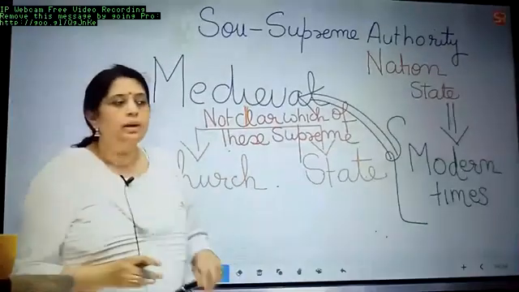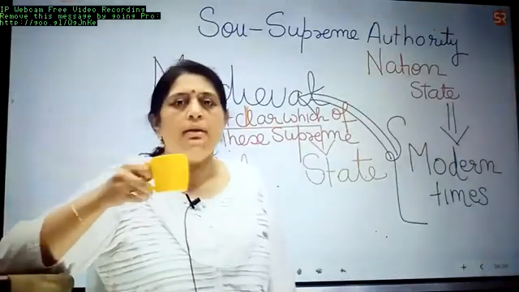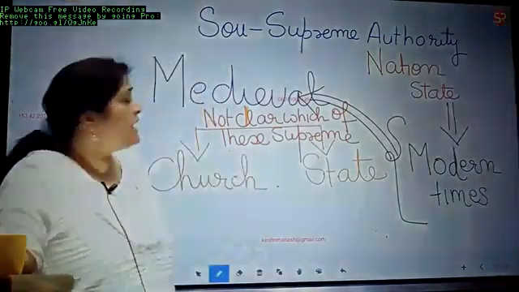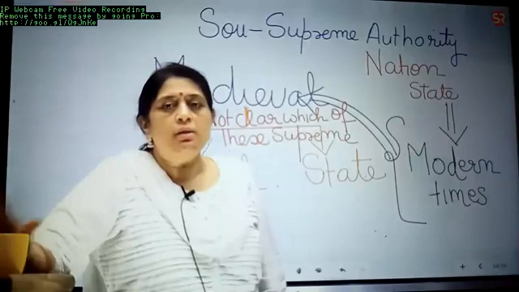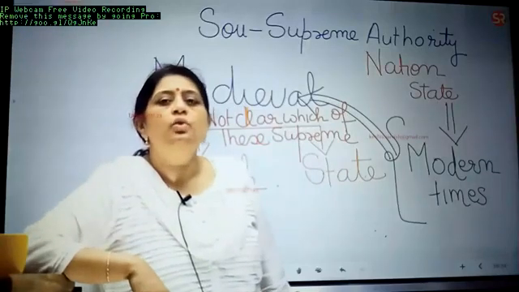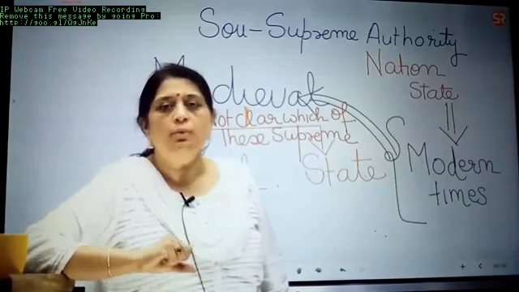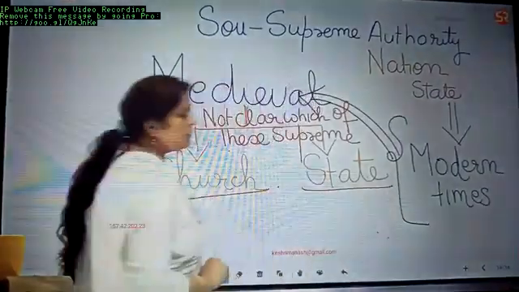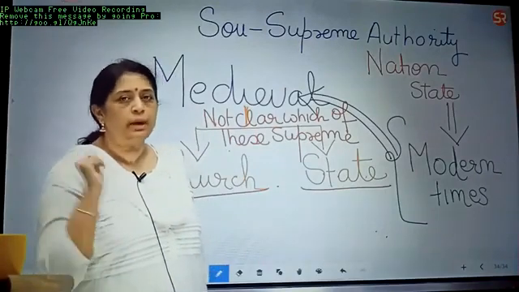Fine. So I am repeating the entire thing. The most important characteristic of the nation state is sovereignty. Sovereignty means supreme authority. How to understand this supreme authority? So in medieval Europe, there were two centers of power, and it was not clear which is supreme. Okay.